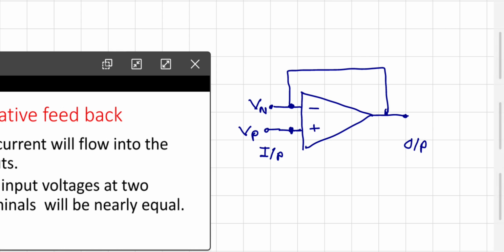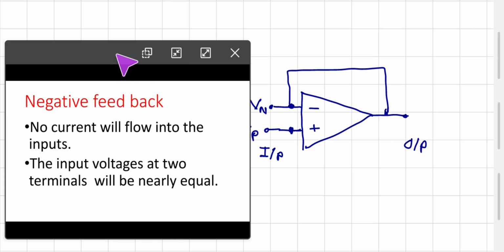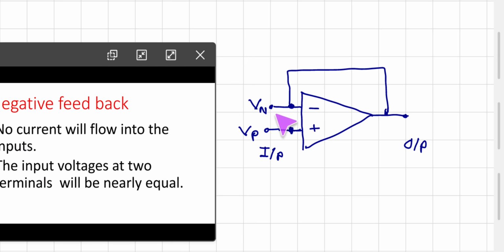The input voltages at the two terminals will be nearly equal. Whenever we apply Vn and Vp, in case of an ideal operational amplifier, the gain is infinite, so infinite voltage would appear at the output.